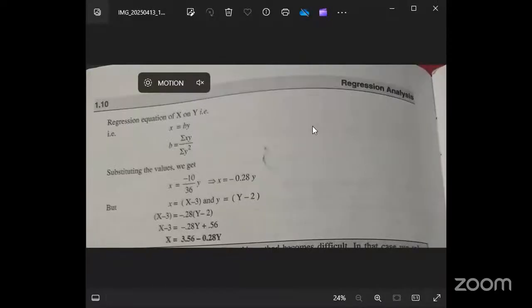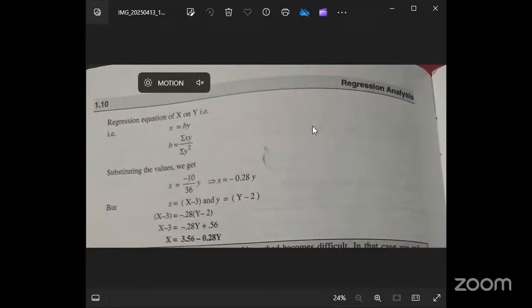So this is the next part, that is x on y. We need to find x equals byx. Here, b means sigma xy by sigma y square.